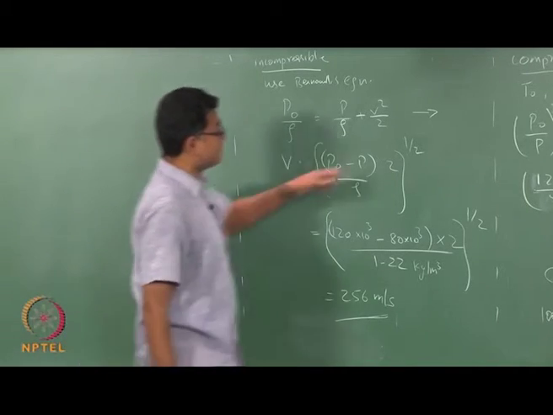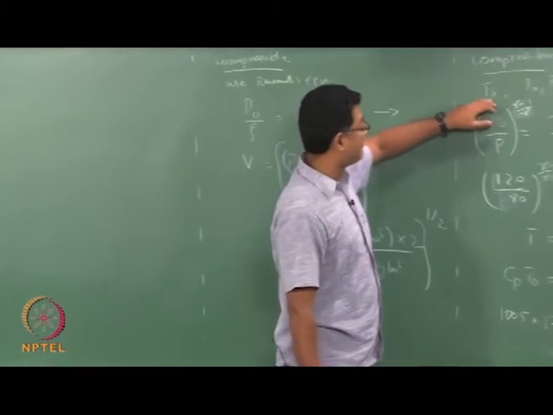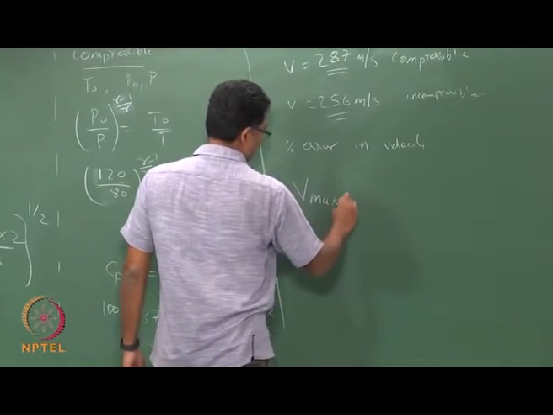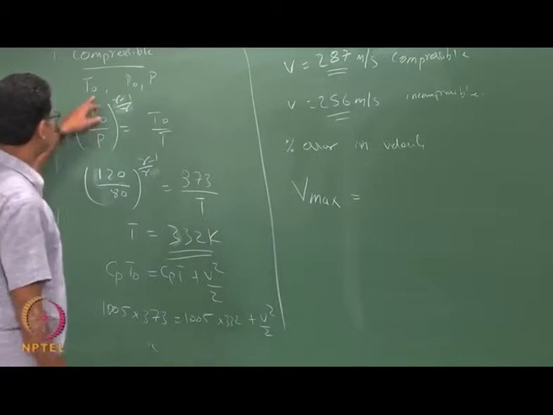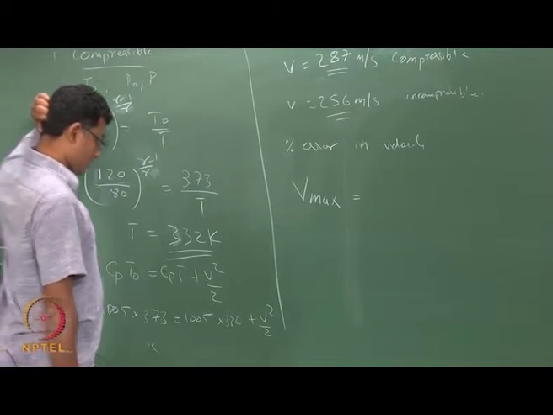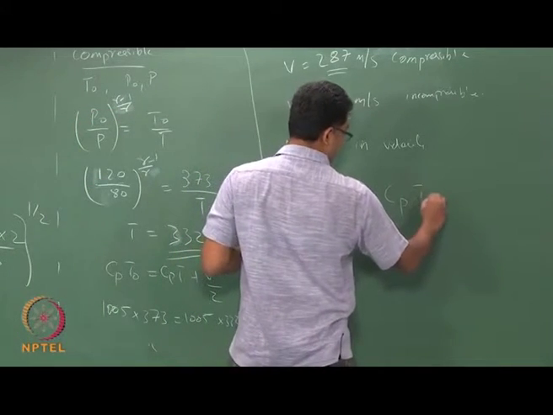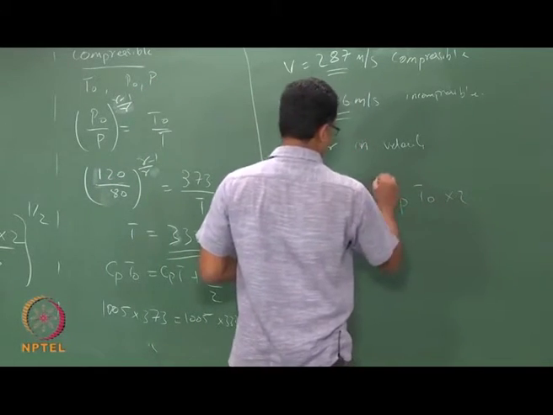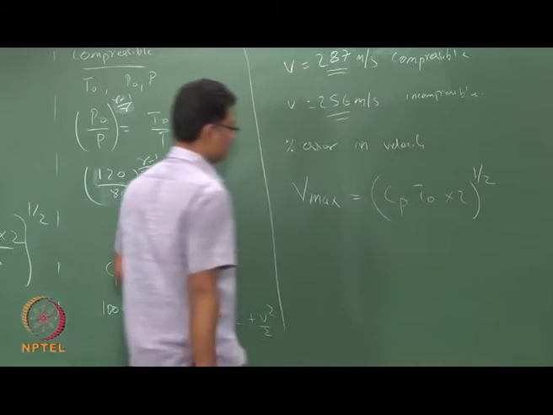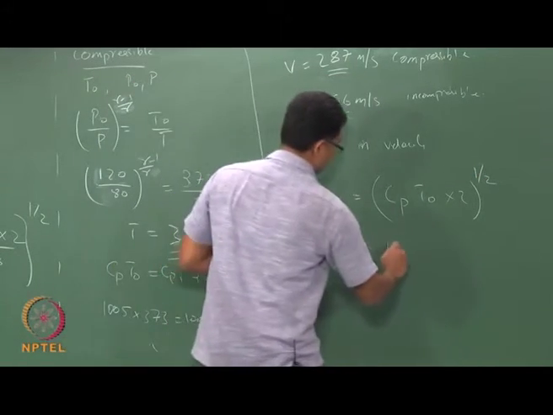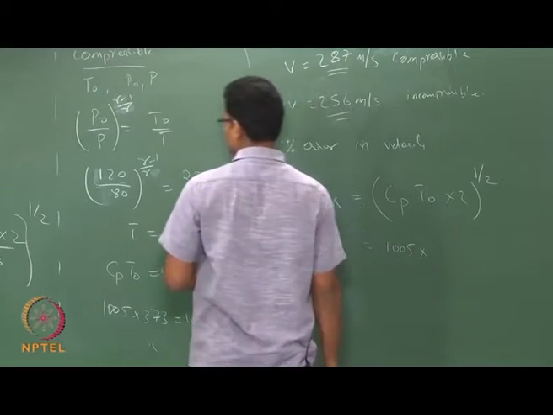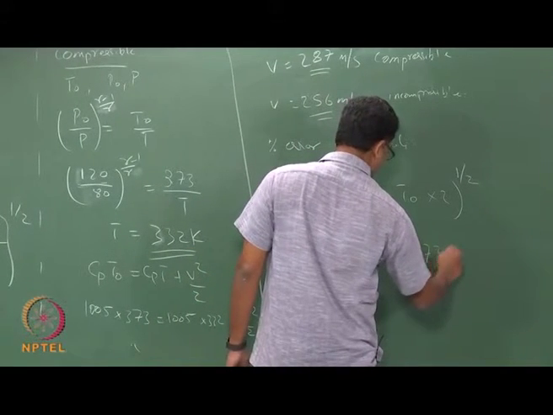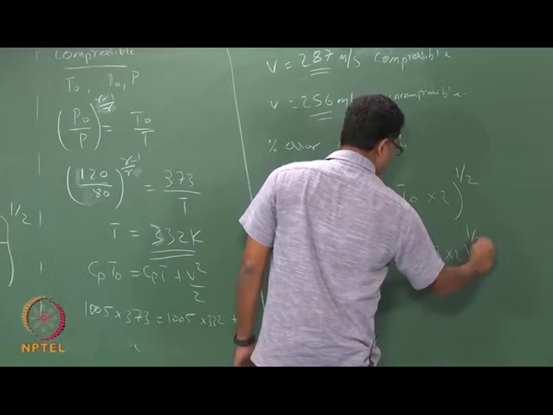So, you can also find the maximum possible velocity with this T0. So, you can continue doing this. Vmax, for a given T0, you can find, equals (2 Cp T0) to the power 1 by 2. So, 1005 into T0 is 373, into 2, power 1 by 2.